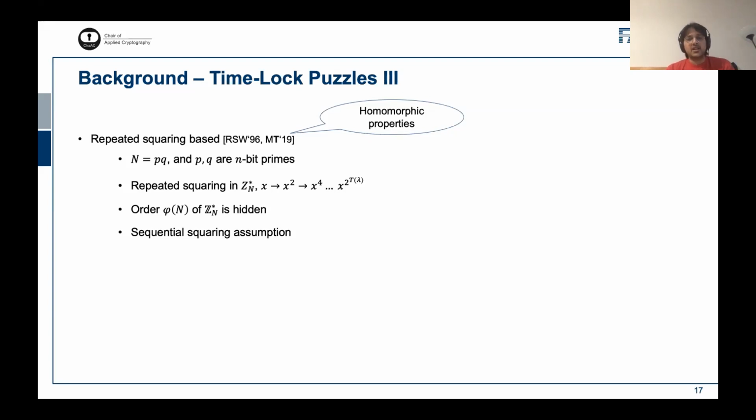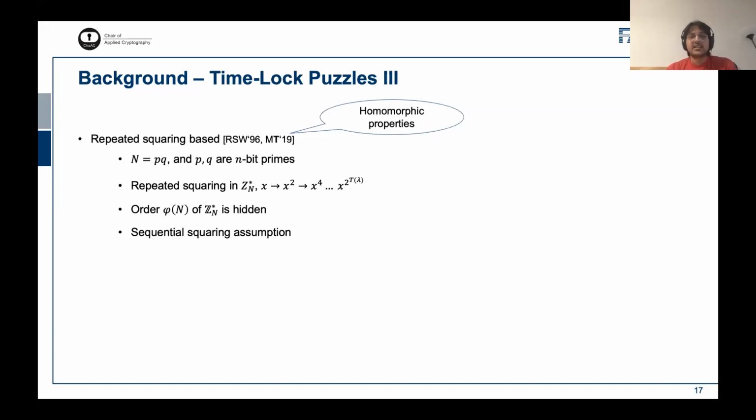And to crucially achieve security against parallel adversaries, it is important that the party that is doing the solving does not know the order of N, right? So the order of the group is hidden.